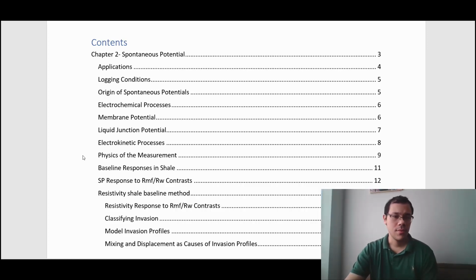Here are the causes: the membrane potential and liquid junction. We'll move then to the baseline SP response in shale. There will be something called the resistivity shale baseline method, and at the end a really interesting topic about invasion profiles.